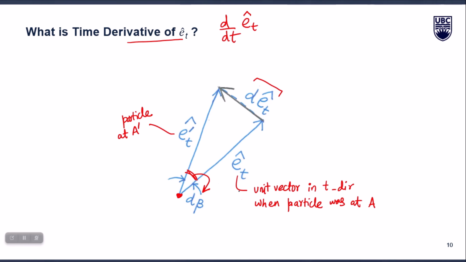Obviously the change is only in the direction, not in the magnitude. So the magnitude of E sub t and E sub t prime are both equal to 1.